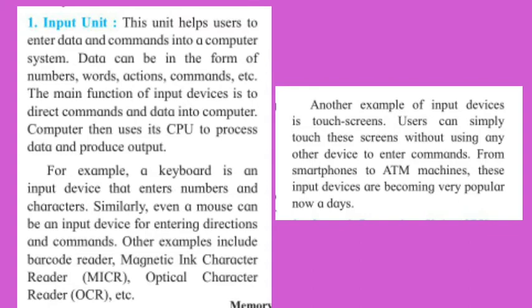If you observe any normal keyboard, it consists of some function keys. Function keys means which keys? F1, F2, F3, F4. These keys are available at the topmost position on our keyboard. Then we have numeric keys, that is 0 to 9.